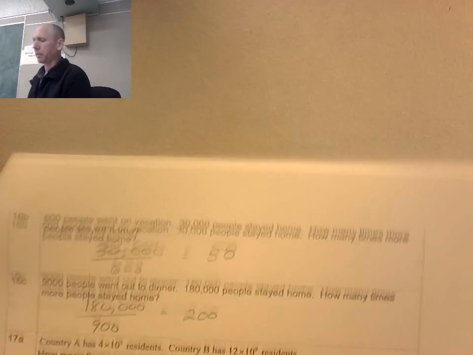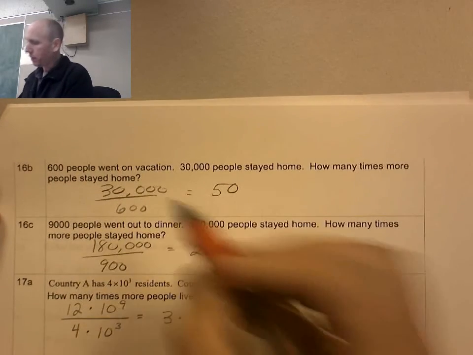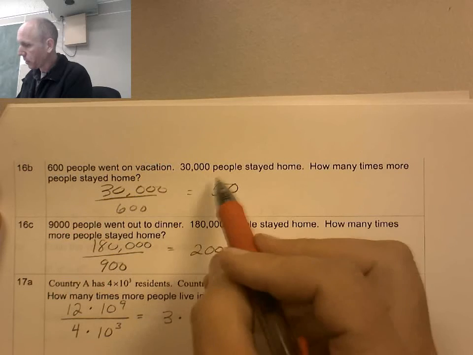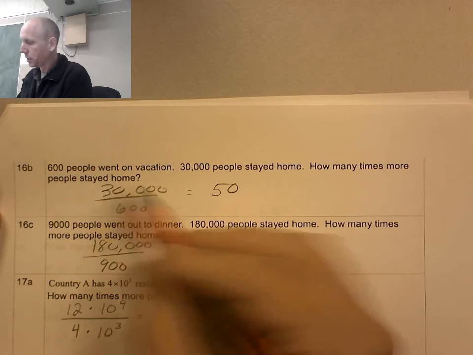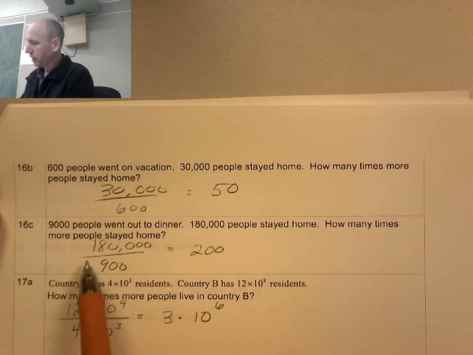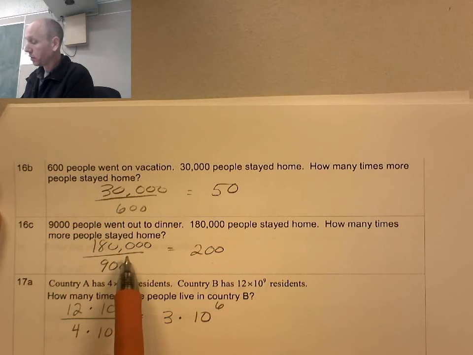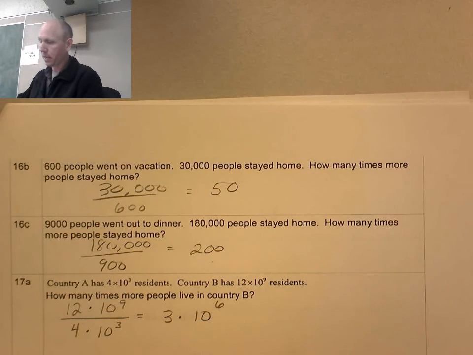Let's do this again. 3,000 people on vacation, 600 on vacation, divide it, I get 50. 180,000 stayed home. 99,000. You know what? I messed that one up. 9,000.